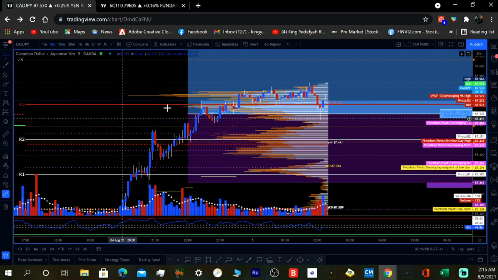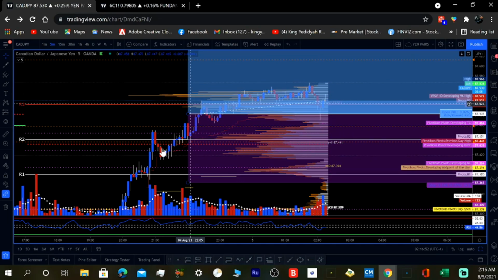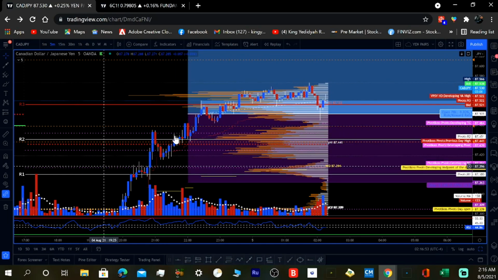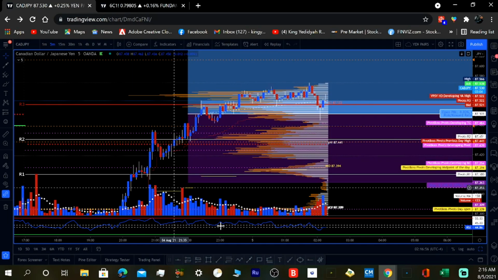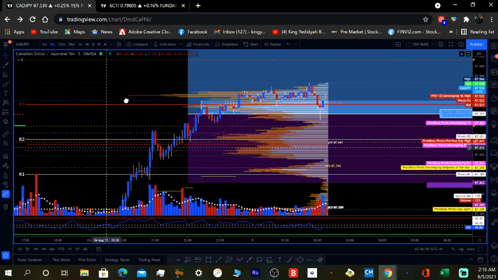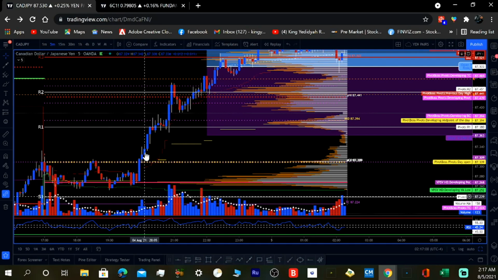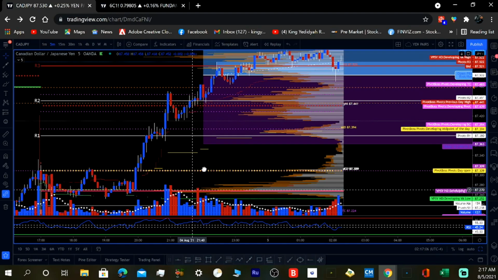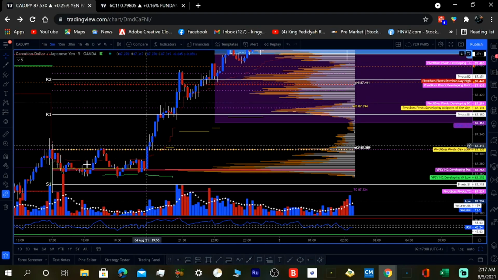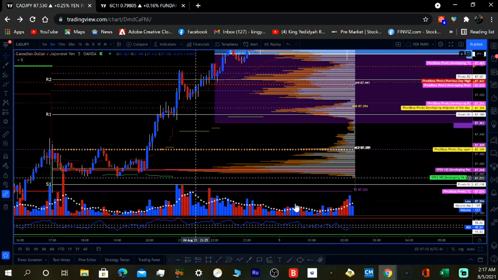If you're just above S1, then you could just bounce off of R1 if there's no strength and just fall back down, you know what I'm saying? Or you don't even have to break this level at all. You could just move sideways and just keep going down.